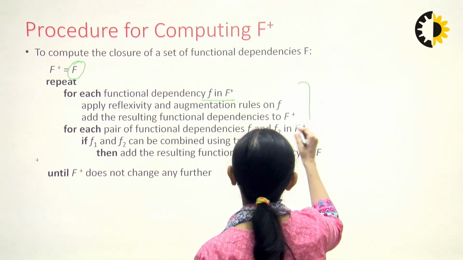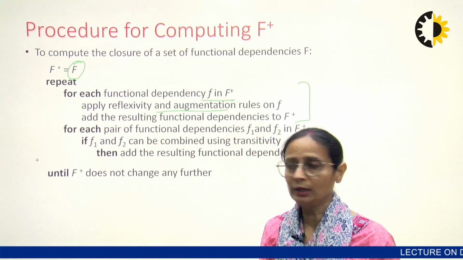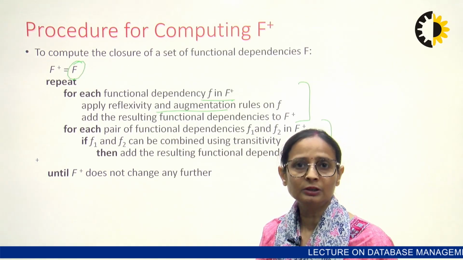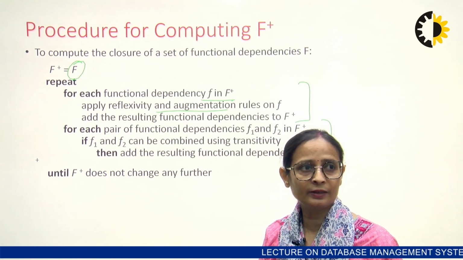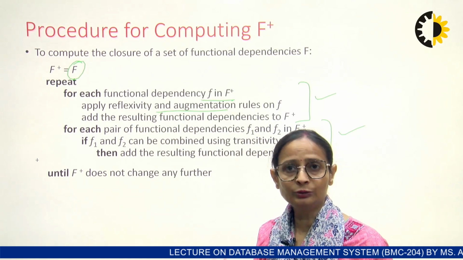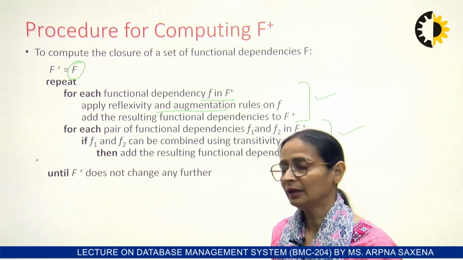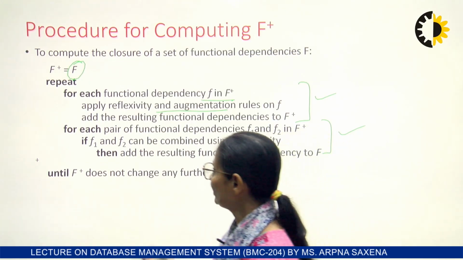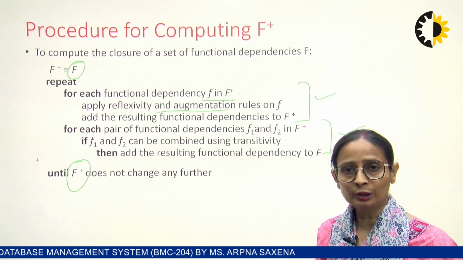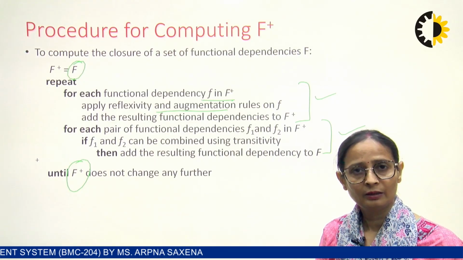What it says here is that I apply the reflexivity and augmentation rules, and for every pair, I check for the transitivity or pseudo transitivity rule. With the help of these rules, if I am able to find new FDs, then I include those new FDs in my FD set. At the end, when I am no longer able to include more FDs in my F plus, then this becomes my final answer.